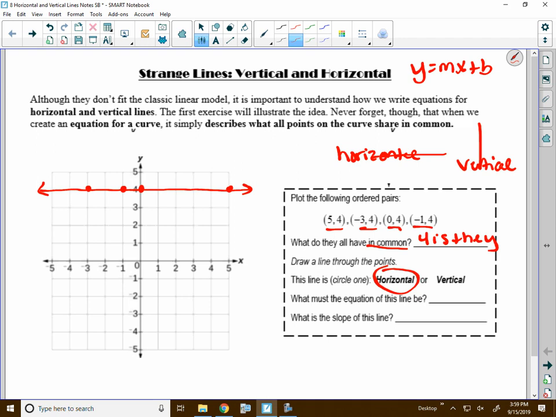So if we think about the equation of this line, it's y values that are the same, and they're the same at y equals 4. So our equation for this line is just y equals 4. Now what's the slope of this line? Think about slope dude. What did slope dude say when he was going on a flat surface?